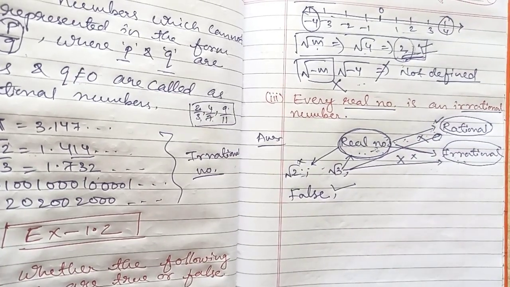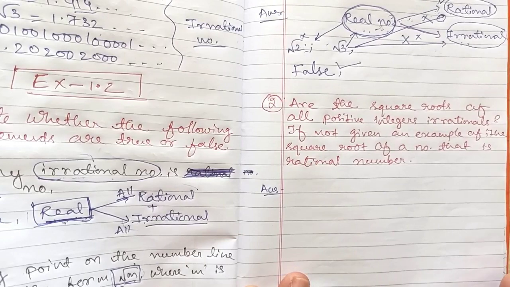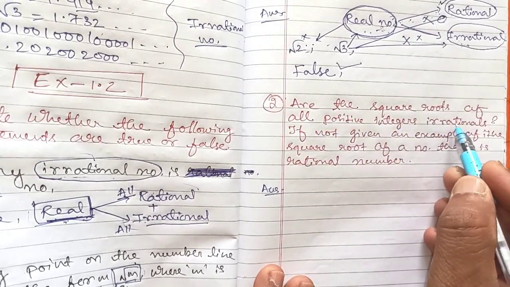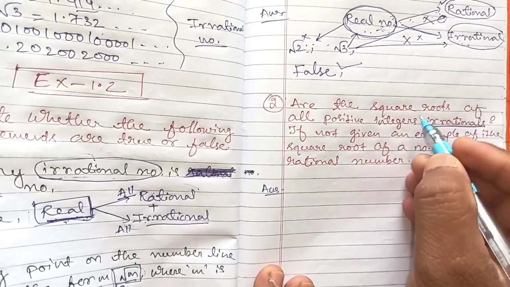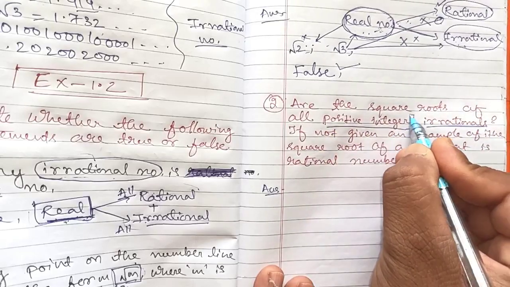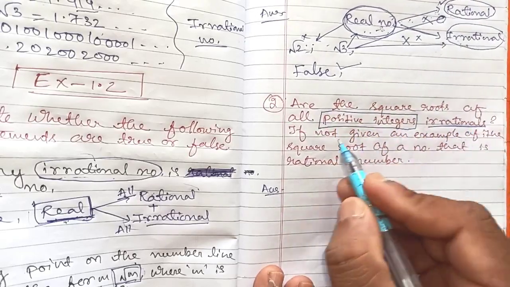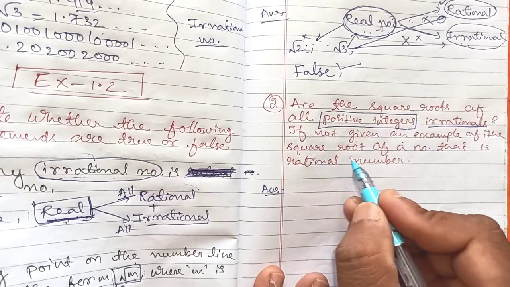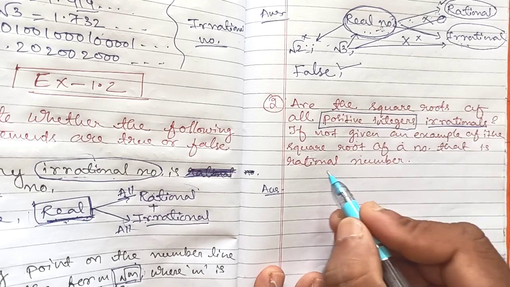Okay, next bit. Now question number 2. In question number 2 it is given: are the square roots of all positive integers irrational? If not, give an example of the square root of a number that is rational.